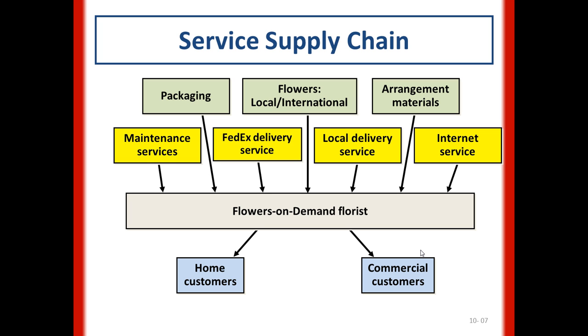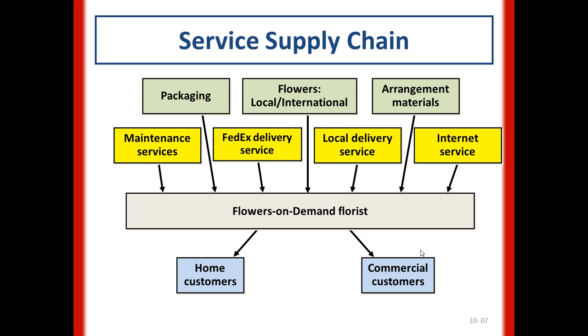This picture shows the foundation of the supply chain for a service. Supply chain for a service organization: the service organization is in the center. In this case, we call it Flowers on Demand, a florist. The florist takes two roles.